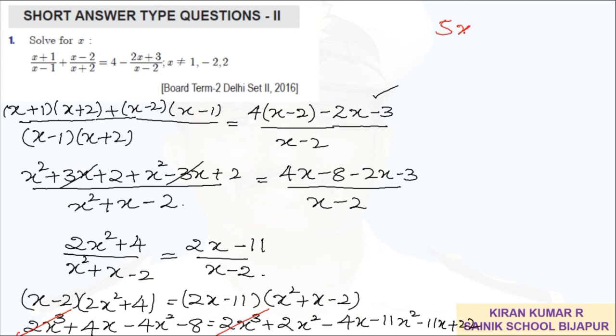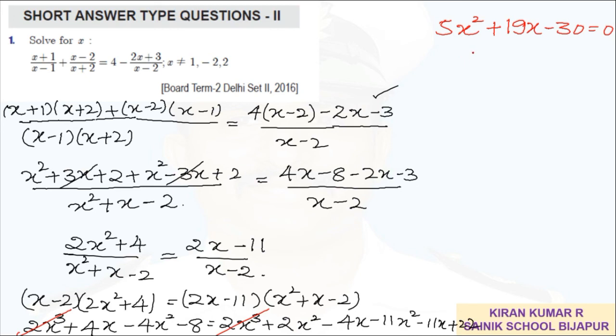It is 5x square, 11x, 4x, and one more 4x. We have to simplify. We get it as plus 19x minus 30 equal to 0. Here we have 22. When we transpose this minus 8, it becomes 30, right?